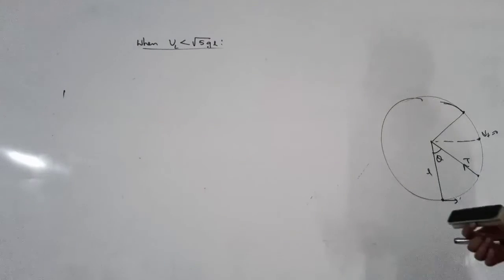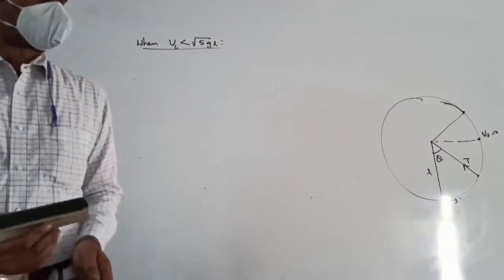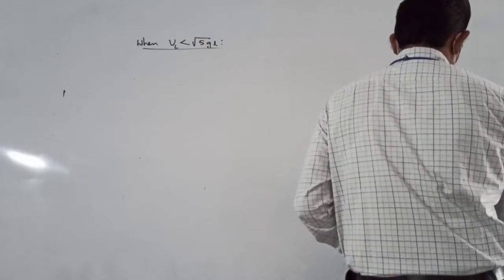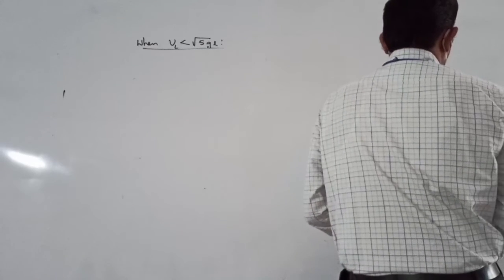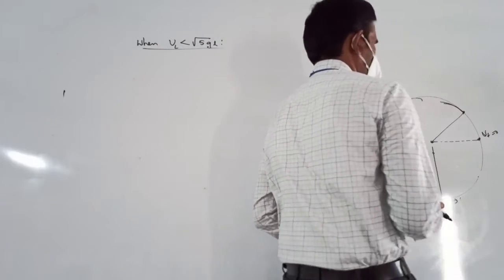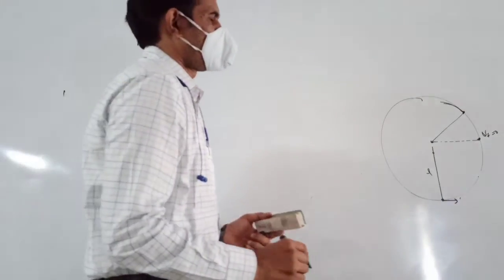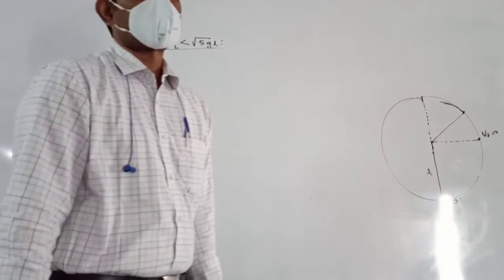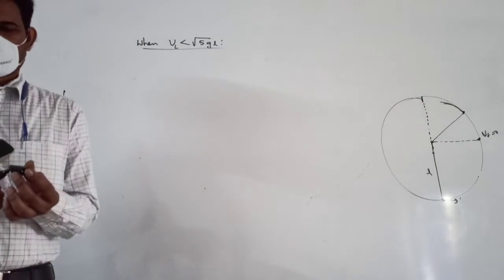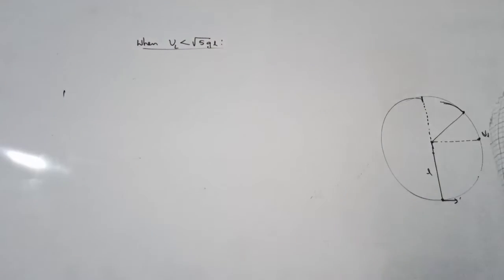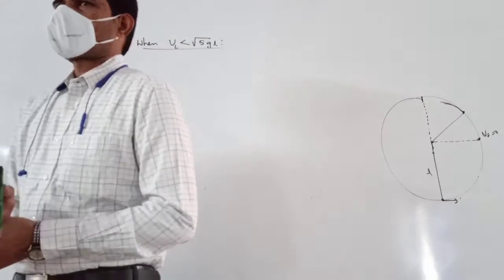In this case, the tension in the string will become zero after crossing the horizontal position, and so the particle leaves the circular path at that instant and travels like a projectile.